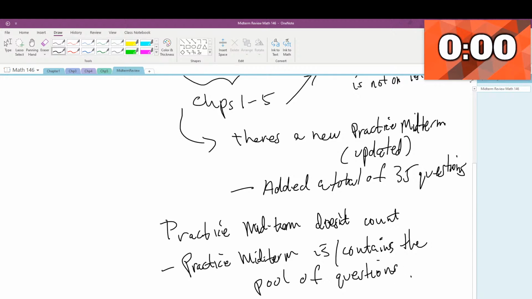And what I mean by that is that it is probably the best study guide, because a lot of those questions will be like the original questions on the midterm. And so the practice has 35 questions. The midterm has 20. Obviously, there will be problems on the midterm that are not on the practice and vice versa.